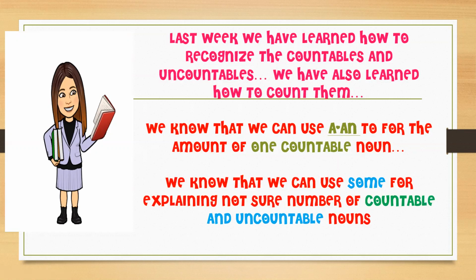Not sure, some, işte. We can use it with countables and we can use it with uncountables. We can say some apples, but we can say some sugar as well. And it both mean biraz. Biraz elma, biraz şeker.